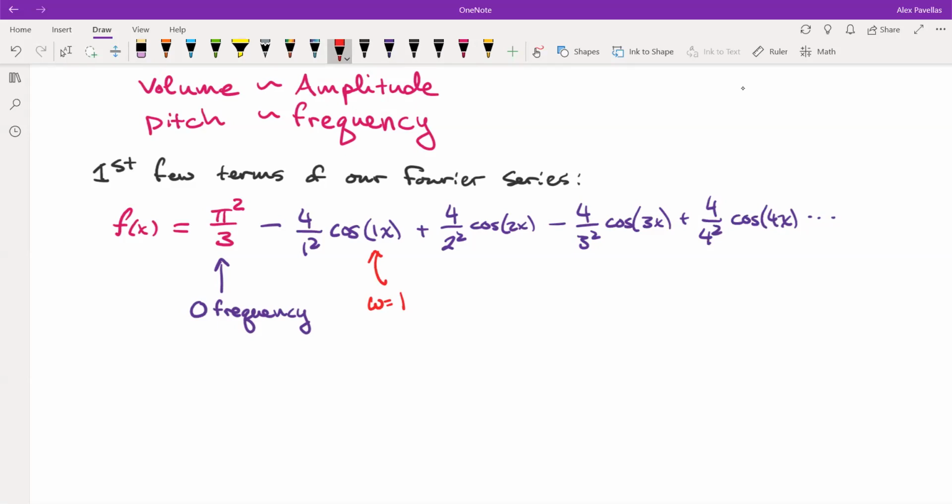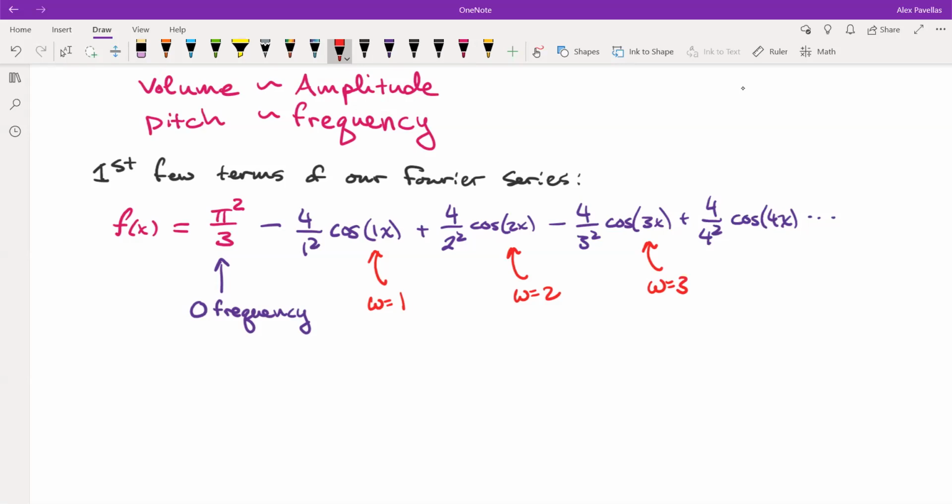At a frequency of 2, an amplitude of 1. At a frequency of 3, an amplitude of 4 over 9. So as the frequencies get higher, we get pure tones at integer frequencies, and you could scale it so that you can make the base, or fundamental, frequency whatever you want.